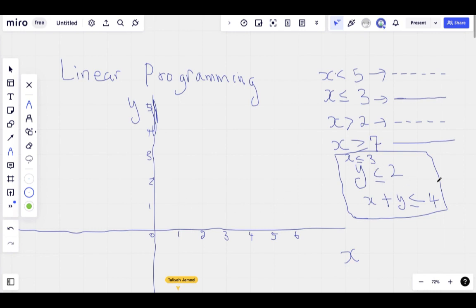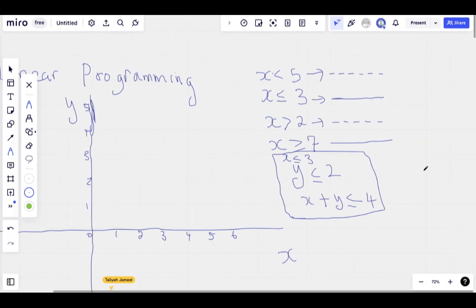These conditions and restrictions are where you derive your inequality from. Restrictions in linear programming are what form your inequality, and this inequality is what we graph.